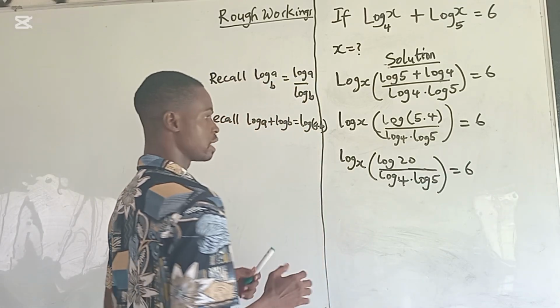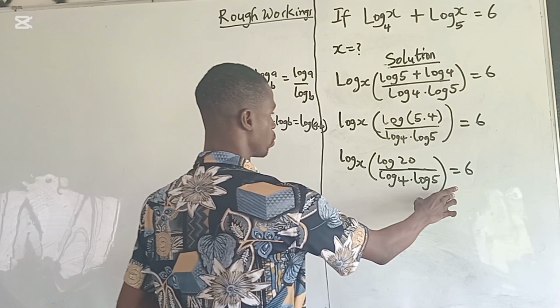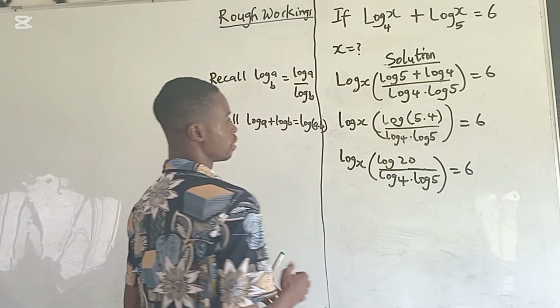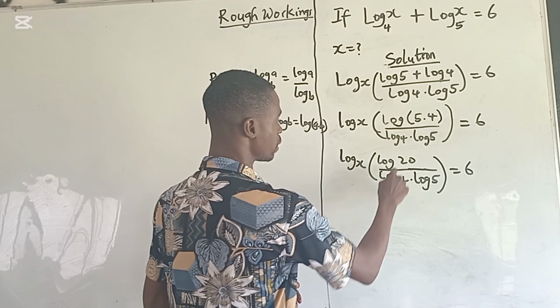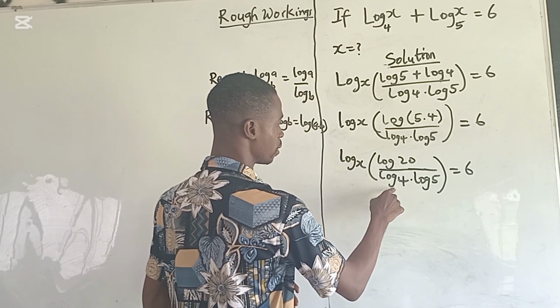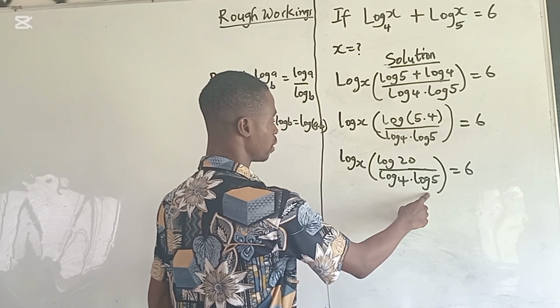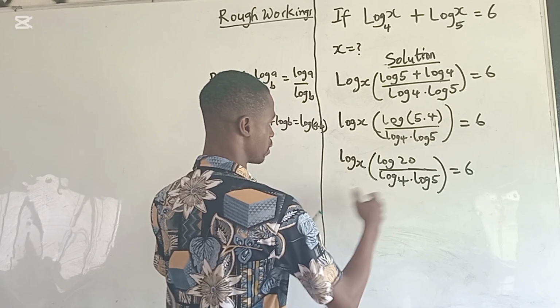Now there is a particular trick we are going to do here. That trick is, we have this log 20 dividing both this and this, so we can also express it as this.